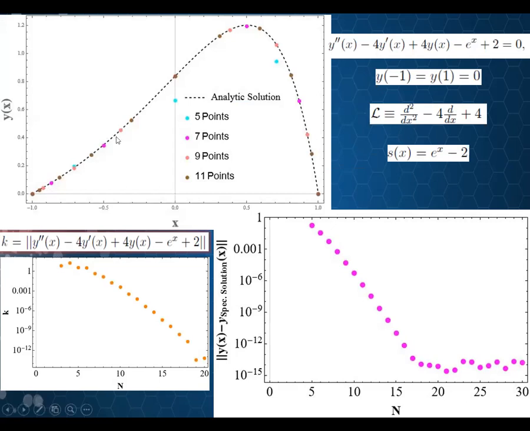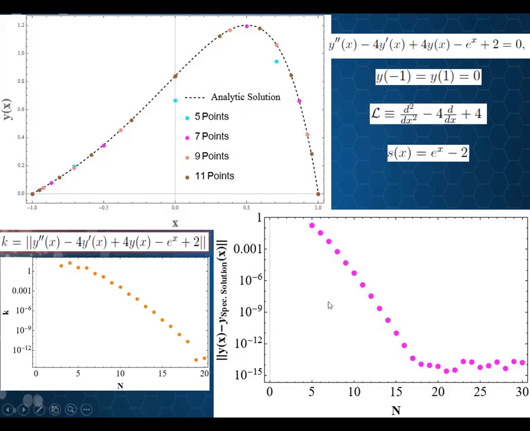The dashed line is the analytic solution of the differential equation, and the various colored points show the spectral method corresponding to various numbers of grid points.